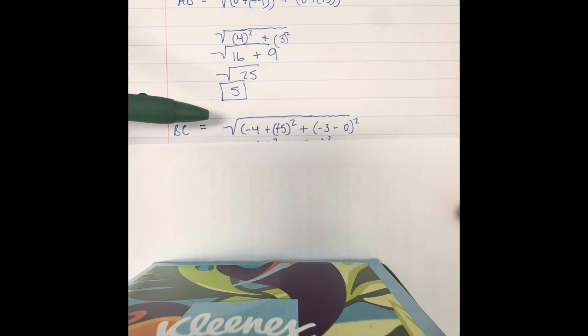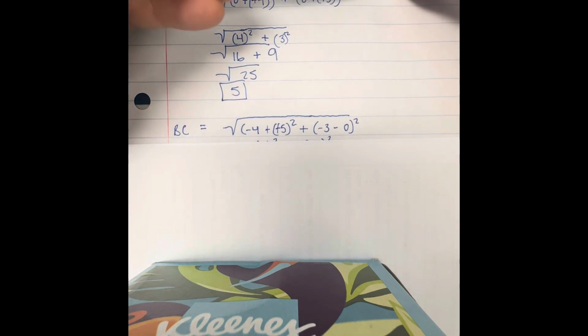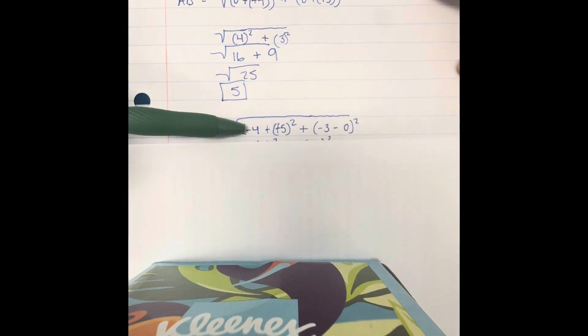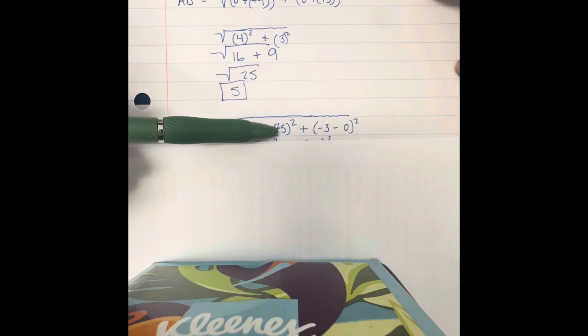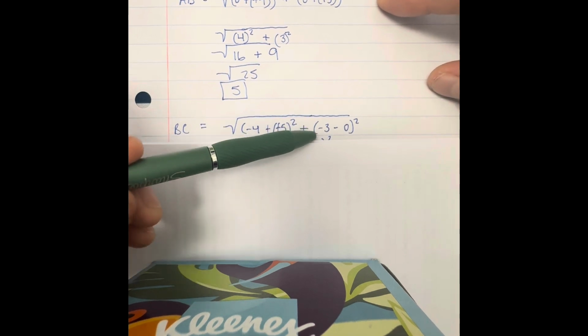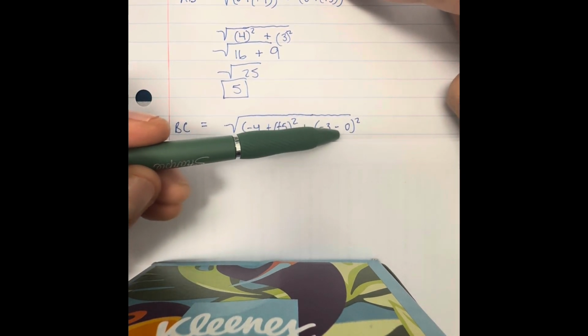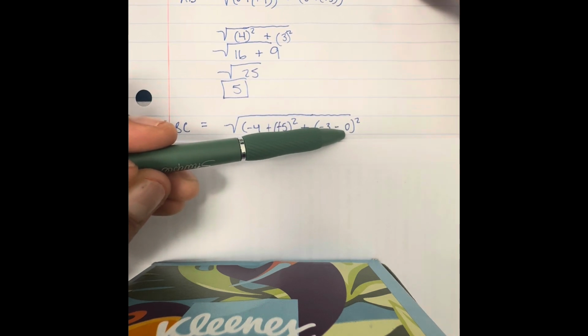As you can see, we plugged in -4 here, our x value, and then our second x value is -5. Leave, change, so this 5 becomes a positive since we're going to add what's in the parentheses. Here on our right hand side, we have -3, which is our first y value, minus 0, which is our second y value.